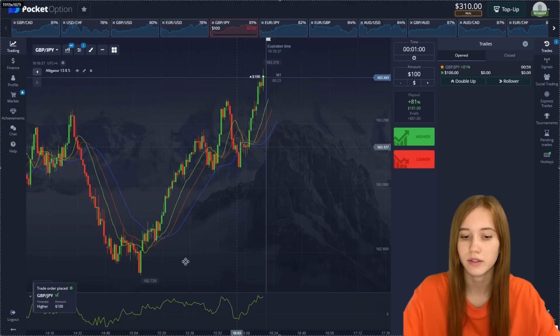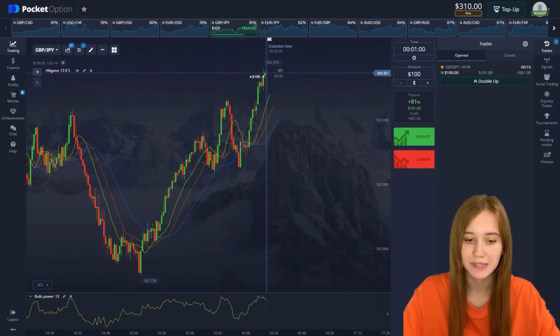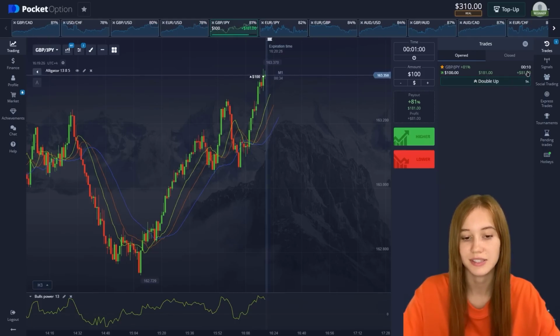This is already the third sign. Open up. According to the second indicator, we see the guide is directed upward. This is the fourth sign for opening upwards. Let's see the situation. So we see it clearly. And there are 10 seconds until the end of the deal.